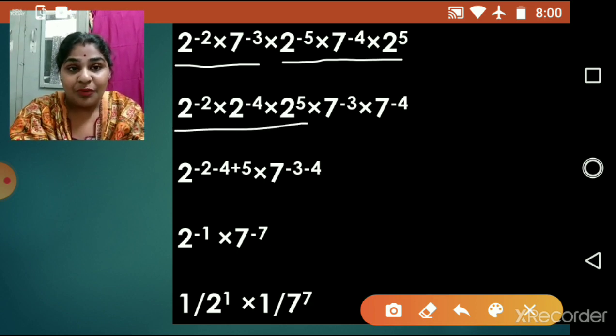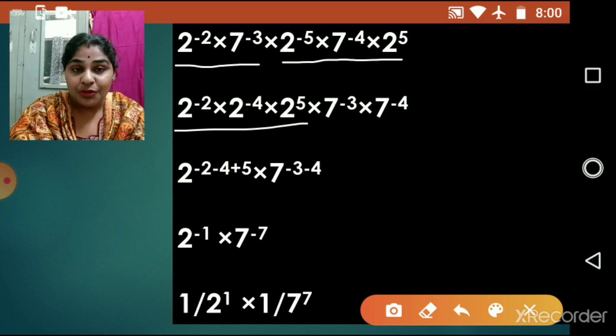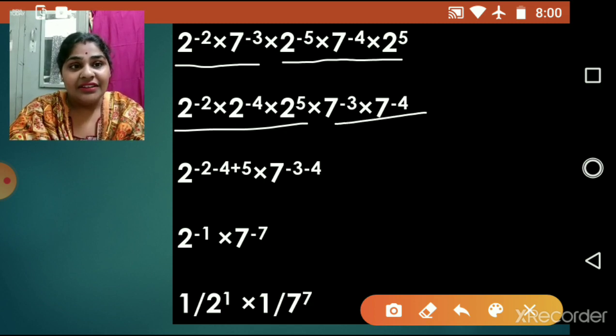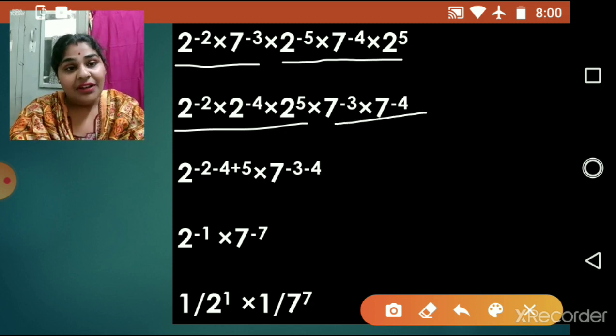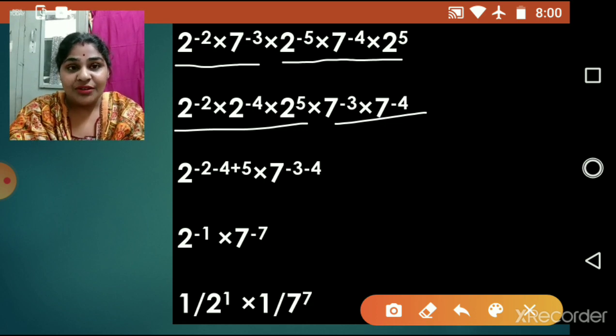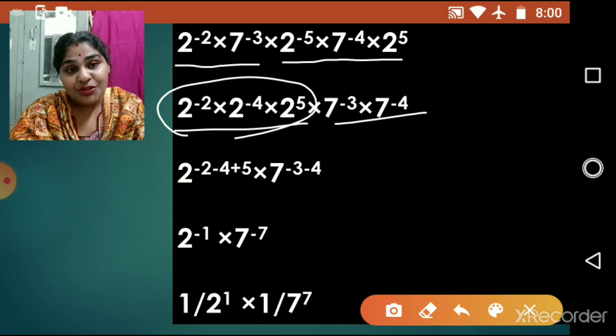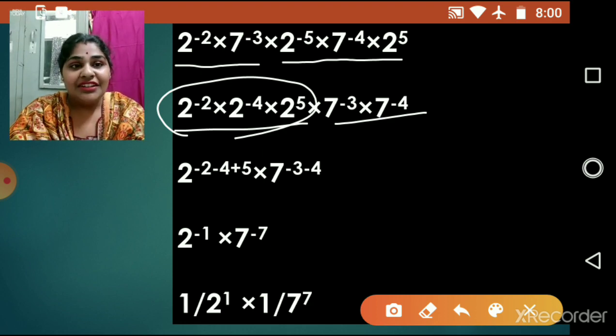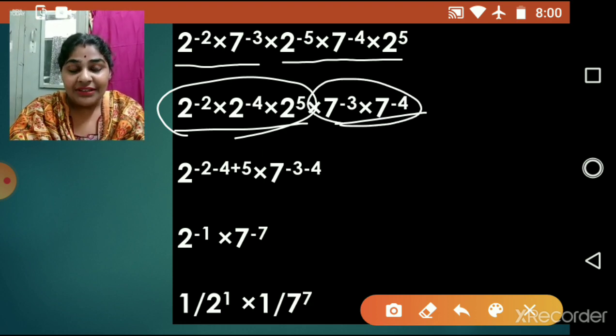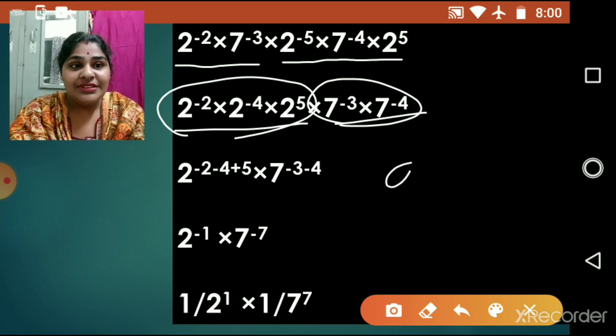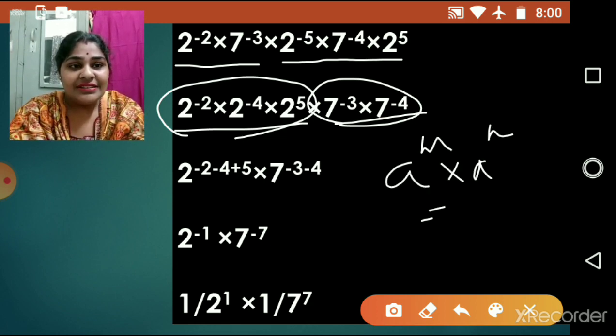You can see we have brought all the bases of 2 to one side and the bases of 7 to the other; we have grouped them. Now here you can see it is in the form a raised to m into a raised to n, and here also it is the same. Bases are the same, so we will use the law of exponents a raised to m into a raised to n is equal to a raised to m plus n.